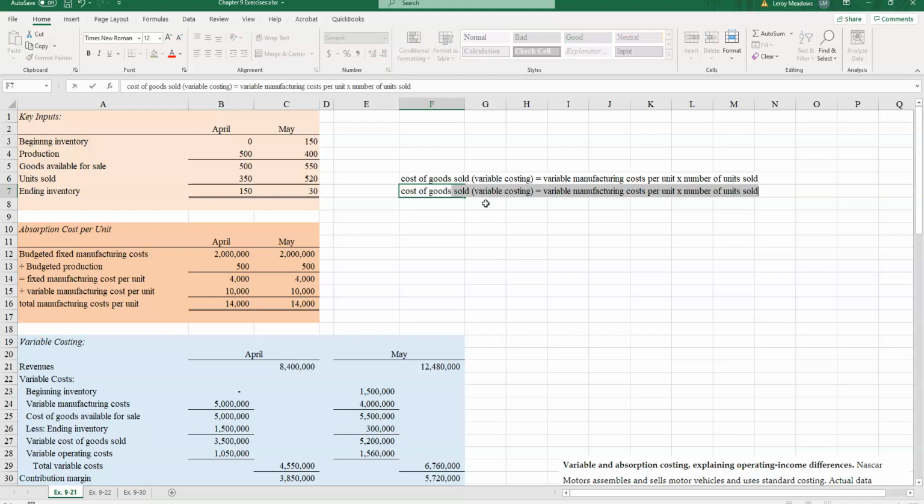cost of goods sold under absorption costing is simply going to equal full manufacturing cost per unit times the number of units sold.